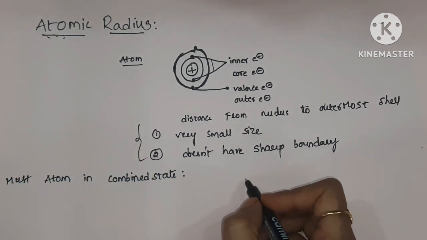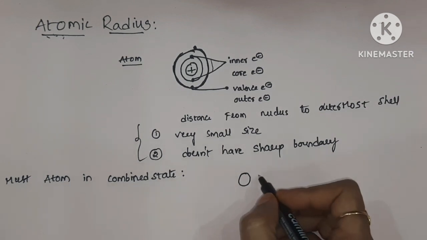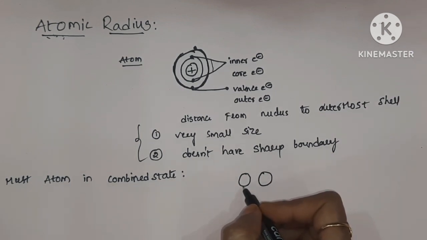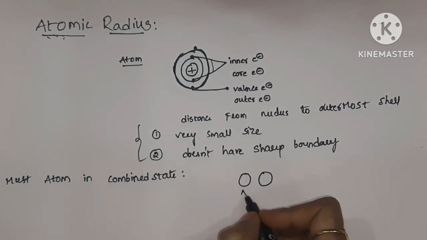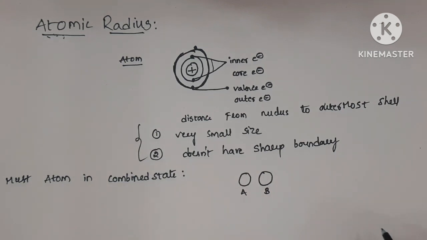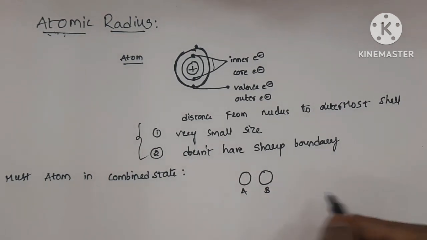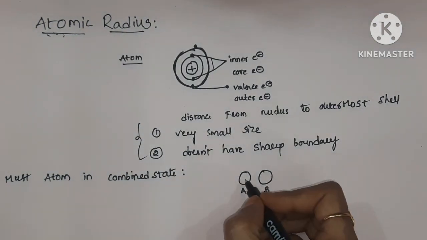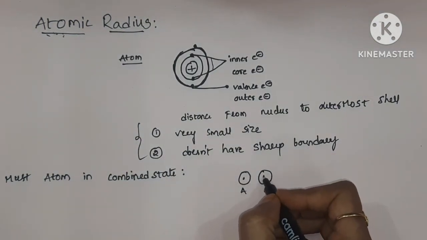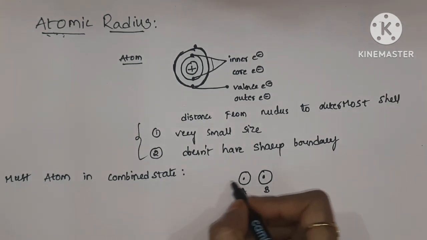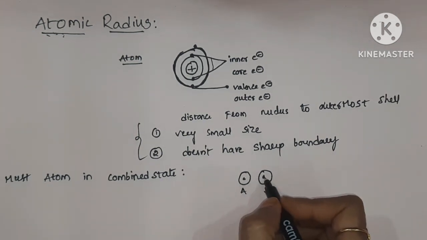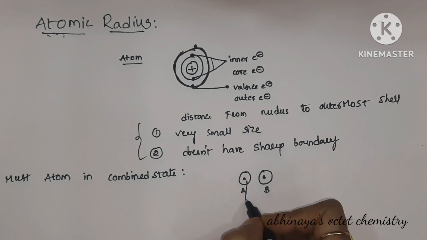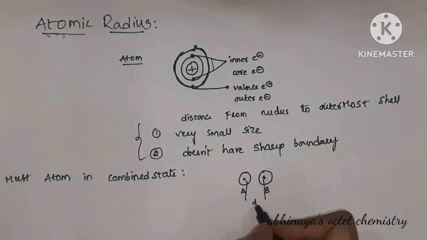That means this is atom 1, this is atom 2. Then find out the radius of the atom. The distance from the nucleus of one atom to the other atom is denoted by D.